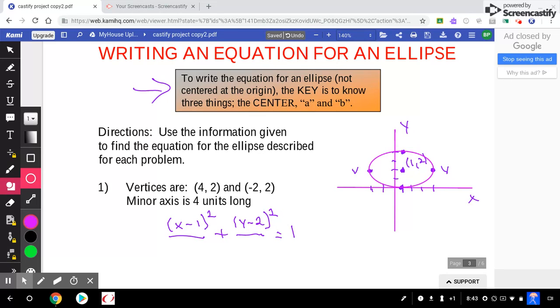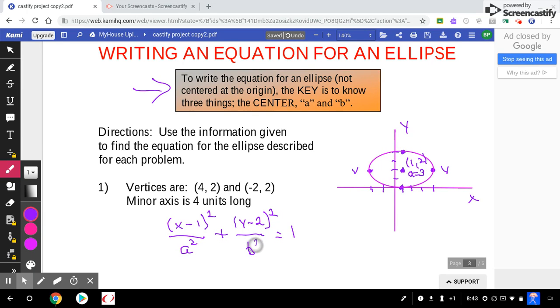But more importantly, we have to know the distances from the center to the vertices. Well, since this is the major axis, or longer one, it's literally a distance of 3. So I know that since my ellipse is sort of a football on its side, extended horizontally, the bigger number, or a squared, is going to go underneath here.